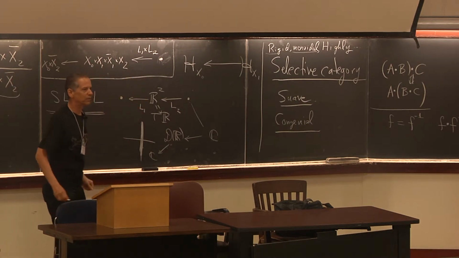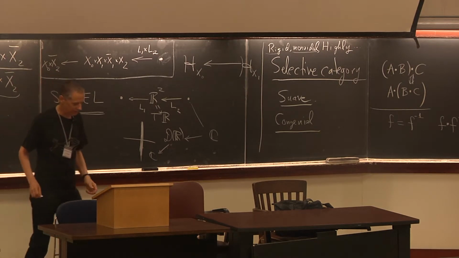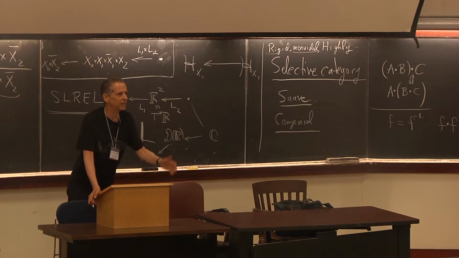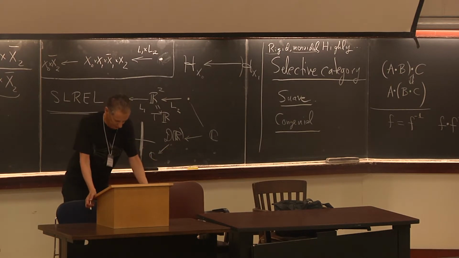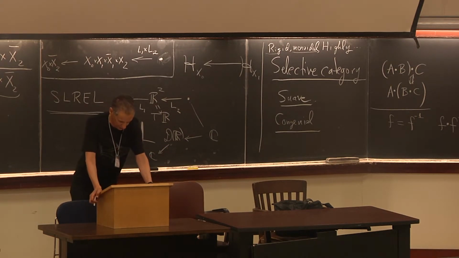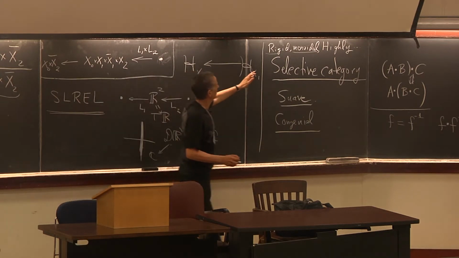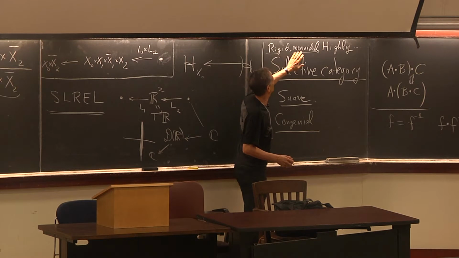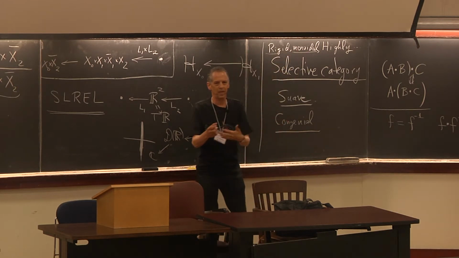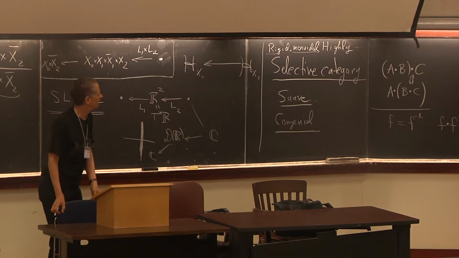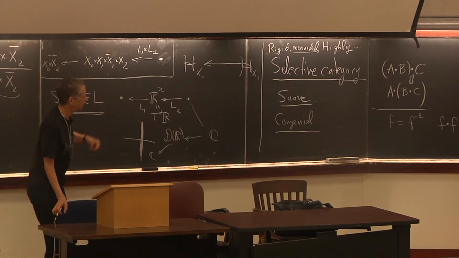And you can look at it in my paper with David, for example, or any book on abelian categories, or any book that goes beyond the very beginnings of category theory. And we'll say we have a rigid monoidal selective category if these operations of dual and product are compatible with the selective structure, namely they preserve suavity and congeniality.